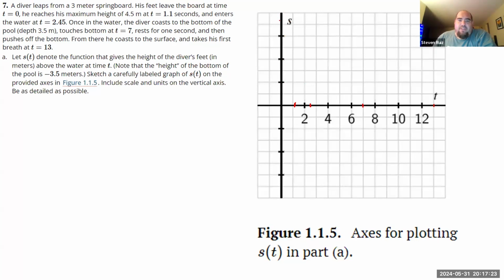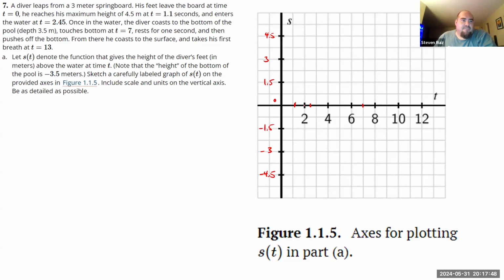How about if we do 1.5 for each hash mark? So this will be 1.5, 3, 4.5, and then going to 0, negative 1.5, negative 3, negative 4.5. So this should at least allow us to represent everything we have.